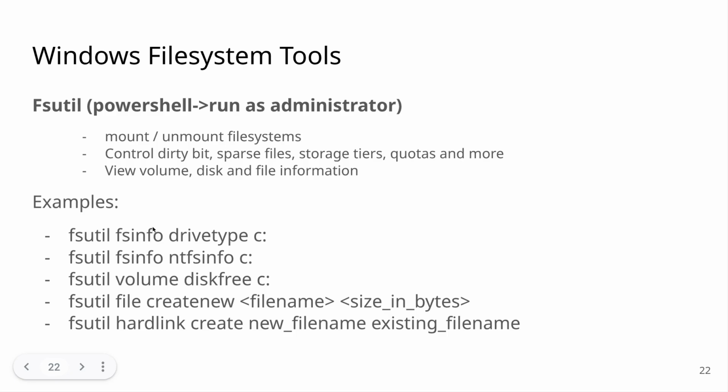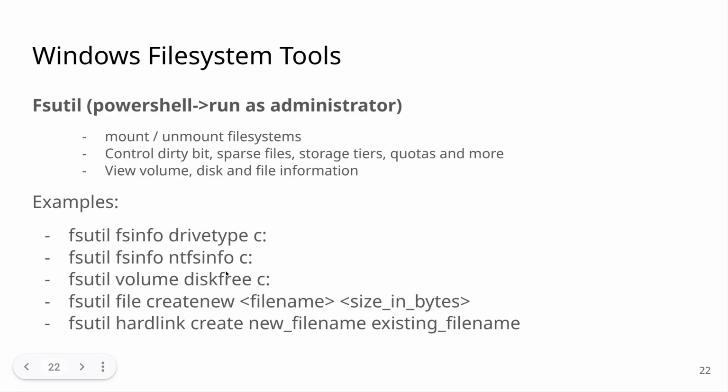One thing here: through fsinfo, you can find the drive type. Remember, we had the drive type on fdisk too. You can see the NTFS info, which is more outside the scope of the things we saw on fdisk, because that now goes into the file system. But Unix also offers commands to look into the file systems.